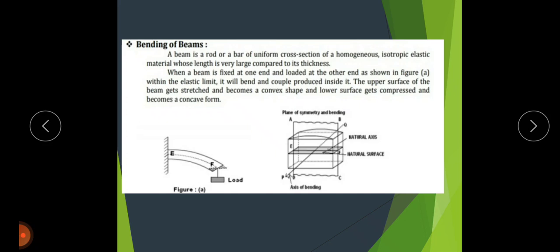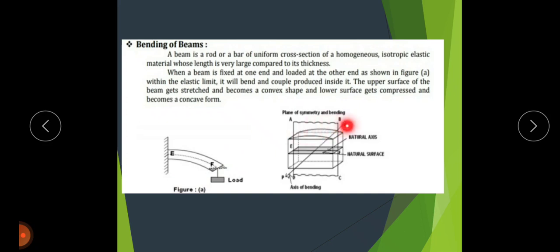The upper surface of the beam gets stretched and becomes convex, and the lower surface gets compressed and becomes concave. This is the figure of the bending of the beam.